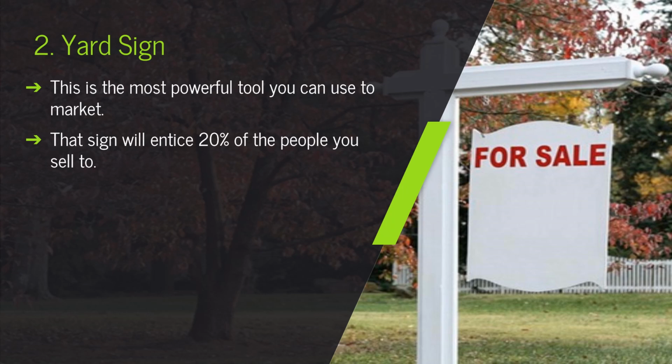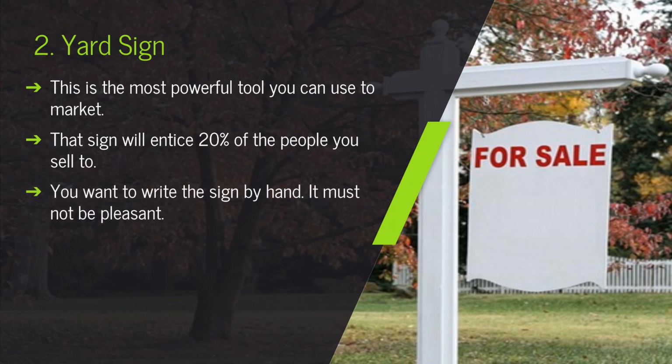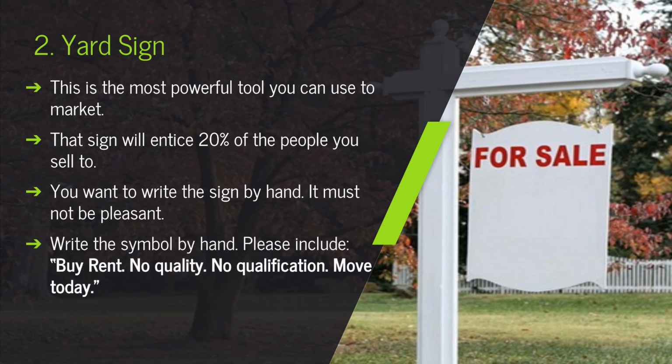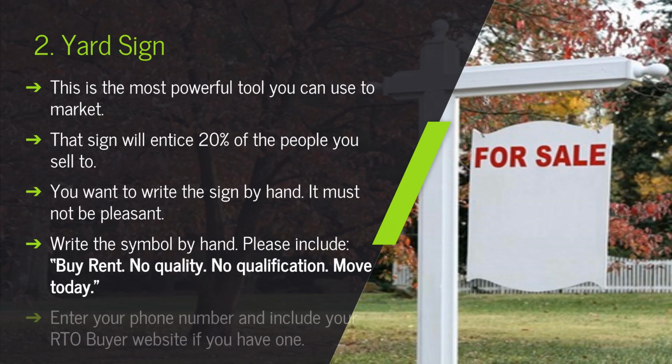And you want to write the sign by hand. It must not be very pleasant. Write the sign by hand, which includes buy, rent, no qualifications, move in today. Enter your phone number or email address and your rent to own website if you have one.